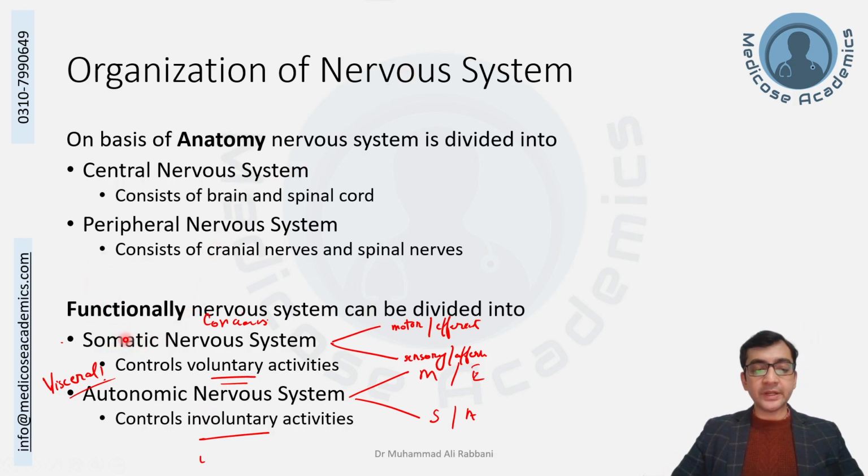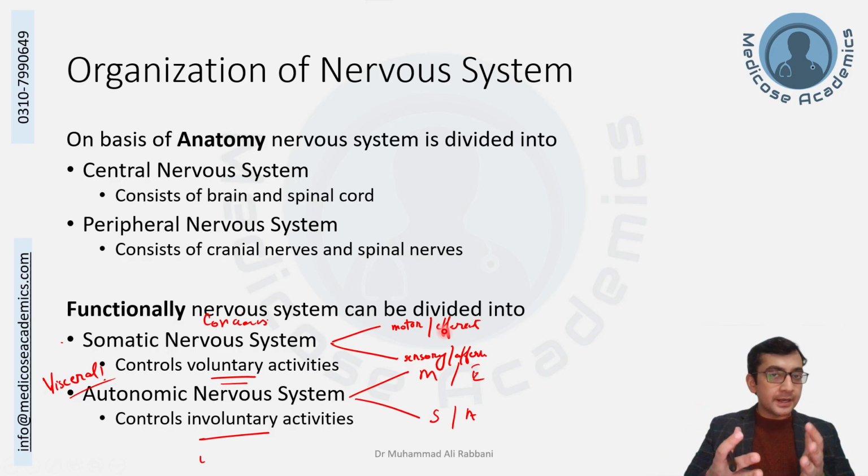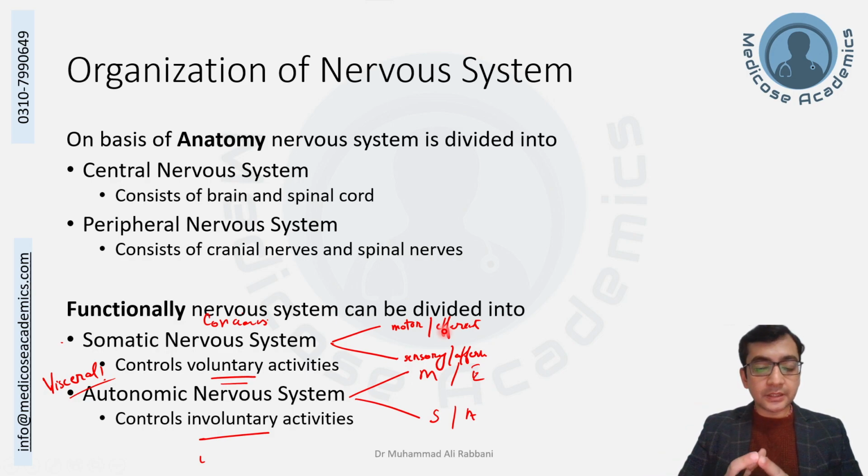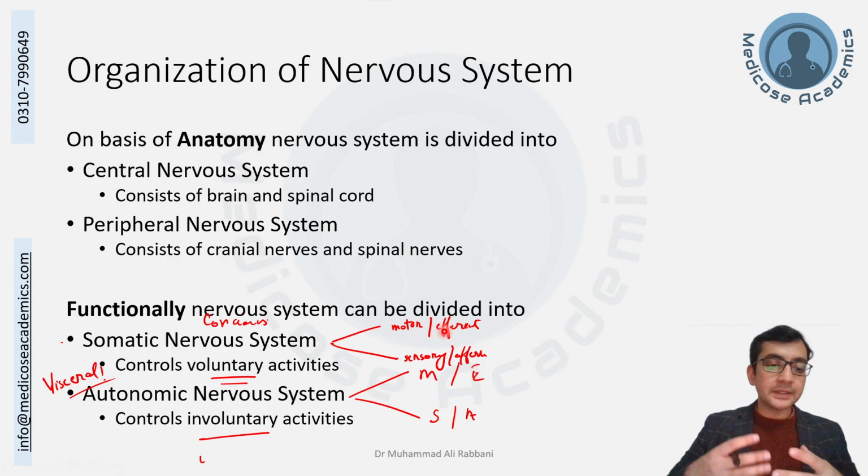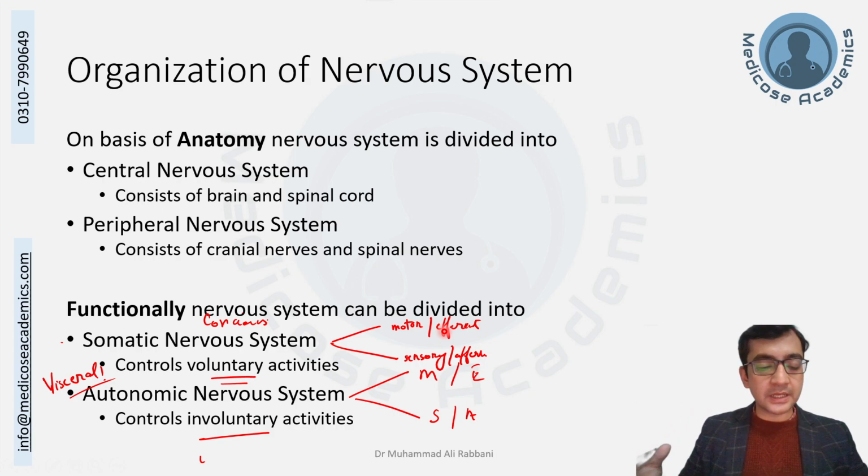For the somatic nervous system, the outgoing efferent motor fibers will be the ones over which you have total control, like the muscles of my respiration, my lips, tongue, and hands. These are in the efferent division of the somatic nervous system. So it will include almost all of the skeletal muscles of the body.